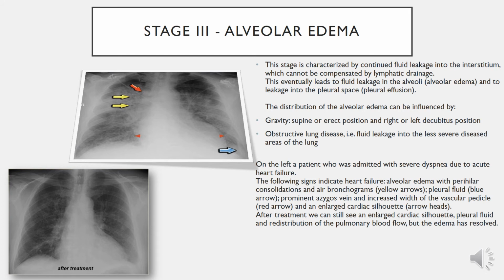Prominent azygos vein and increased width of the vascular pedicle, shown by the red arrow, and an enlarged cardiac silhouette shown by the arrowheads. After treatment, we can still see an enlarged cardiac silhouette, pleural fluid, and redistribution of the pulmonary blood flow, but the edema has resolved, as seen in the left picture.